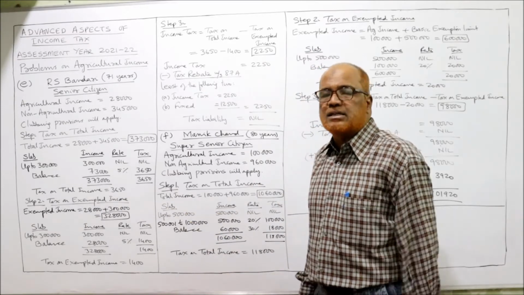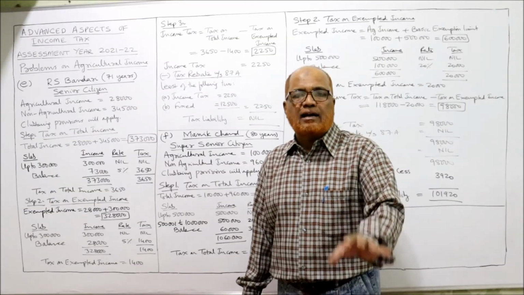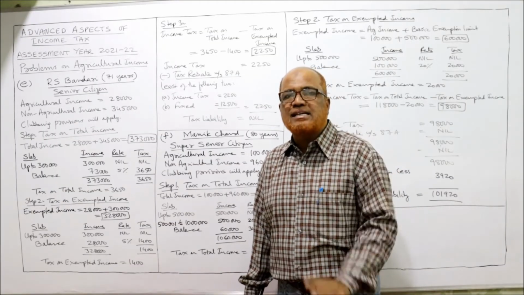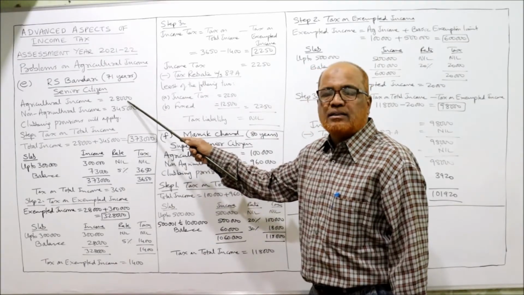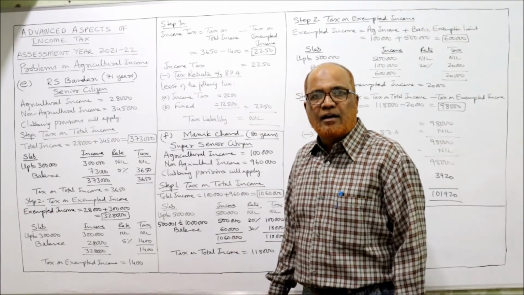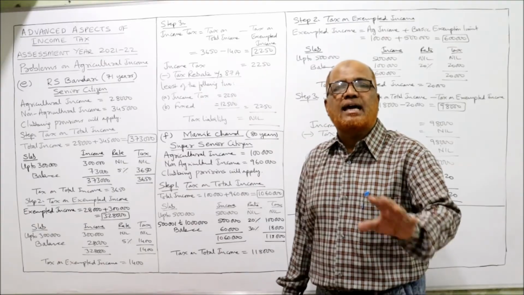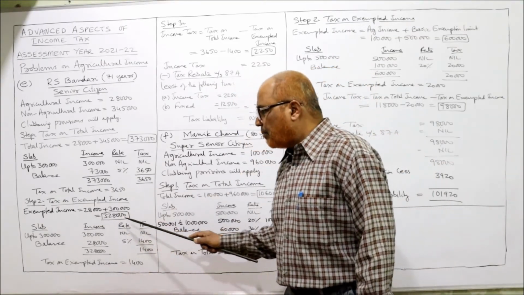First step completed. Second step, tax on exempted income. Exempted income means agriculture income plus basic exemption limit. How much is the agriculture income? 28,000. How much is the basic exemption limit? 3 lakh. So 28,000 plus 3 lakh, 3,28,000 is the exempted income. On this, how much is the tax? Slab rate tax.